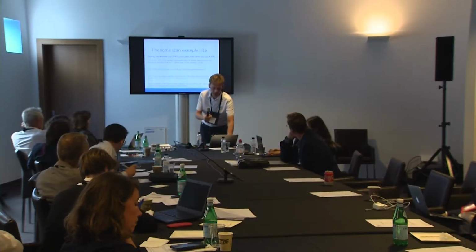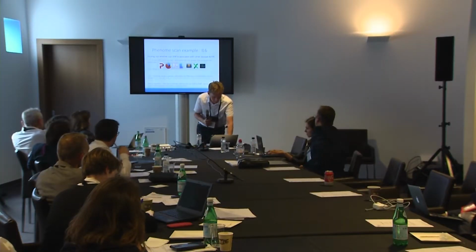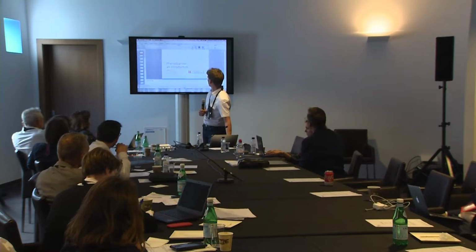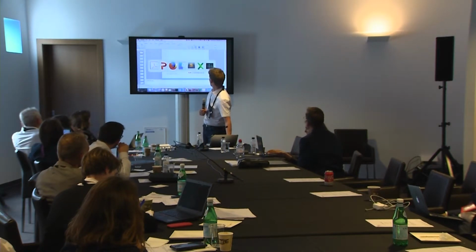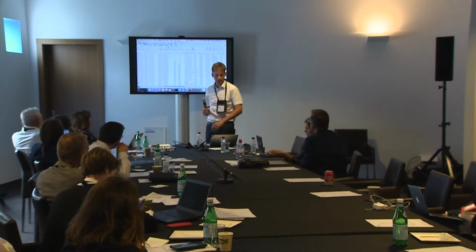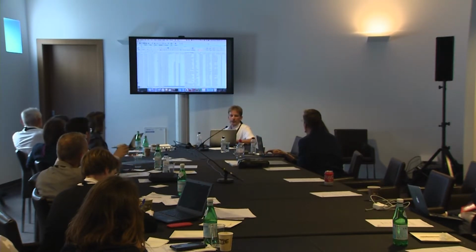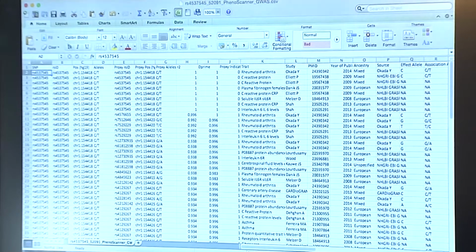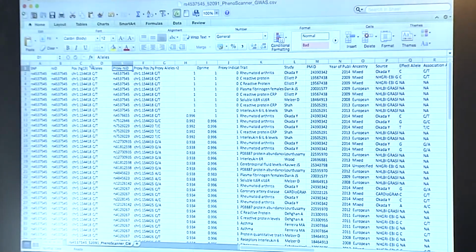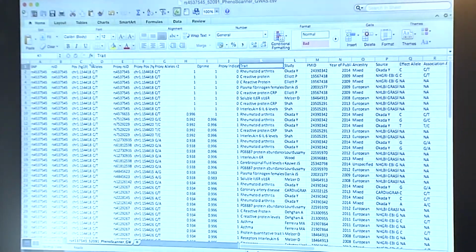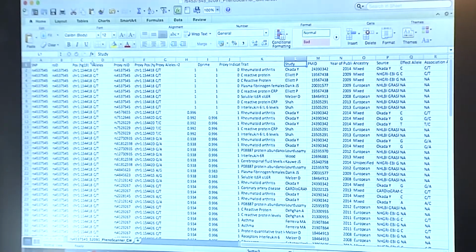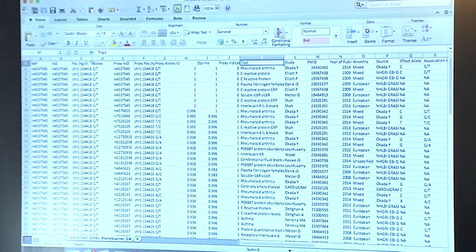The results come to you in an Excel file. So I have opened this. Don't be flabbergasted by the output. You get a lot of different data, lots of columns. Horizontal lines are variants, and then you see the position and the alleles and a lot of things that are not so important for this talk right now. But one of the columns is trait, and it tells you for which traits this particular SNP has been found.